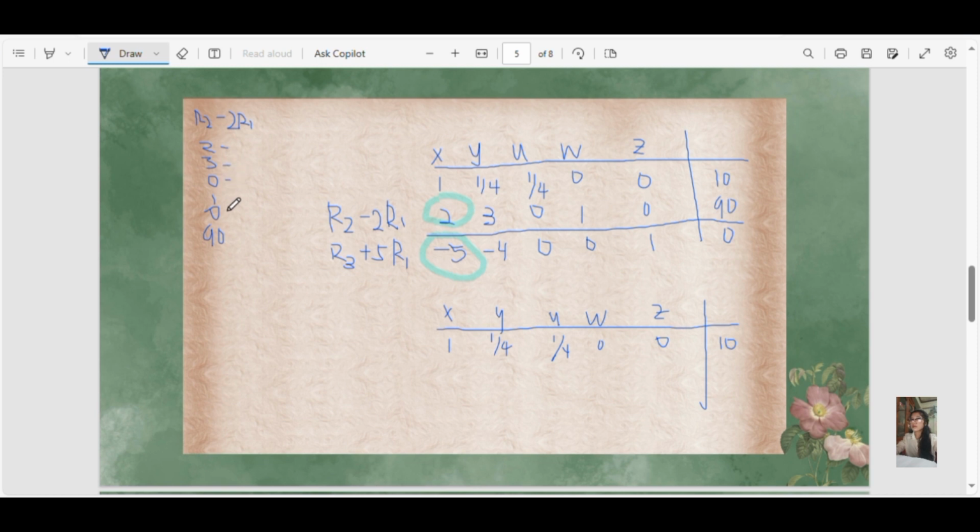Minus 2 times row 1: 1, 1/4, 1/4, 0, 0, and 10.